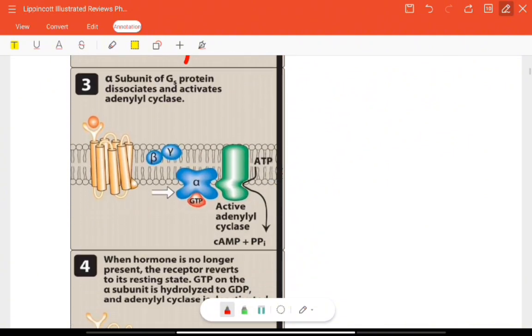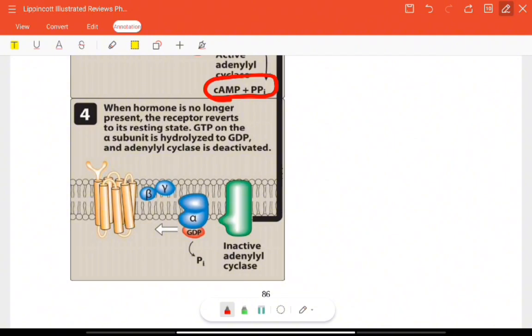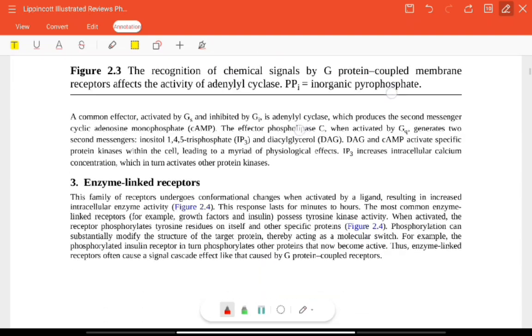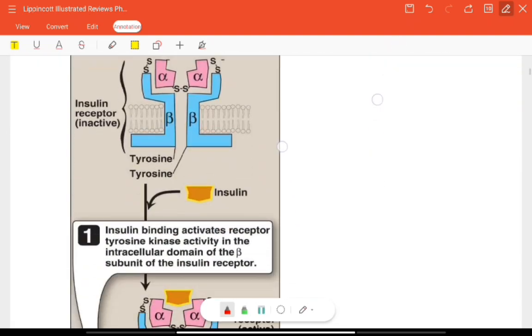Next, it is transferred here, and then ATP converts into cyclic AMP and PPi. When the hormone is no longer present, the receptor reverts to its resting state. This is a reversible process. It gets deactivated. Okay, we have seen this.